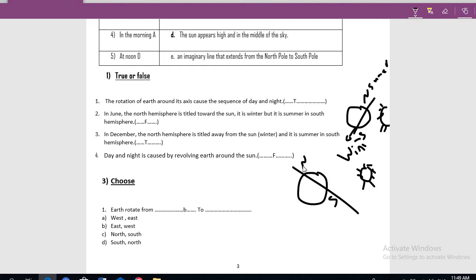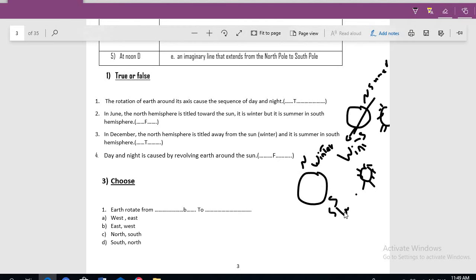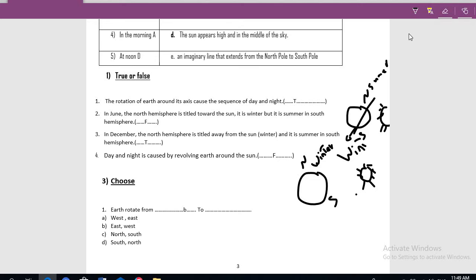So North will be winter, while South, because it's near to the sun, is summer. So in December, the Northern Hemisphere is tilted away from the sun, it's winter. And it is summer in the South.